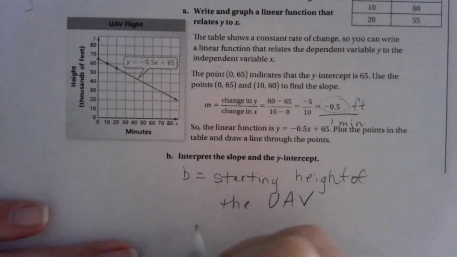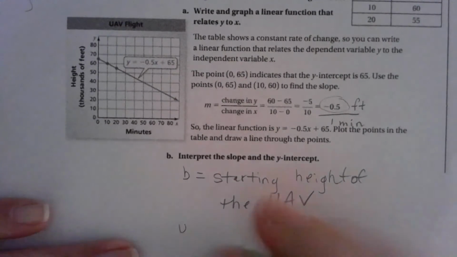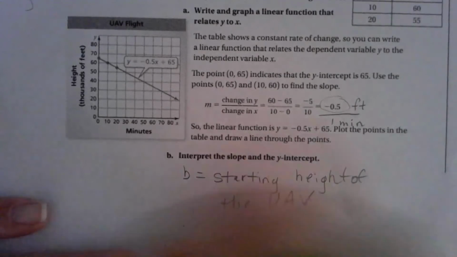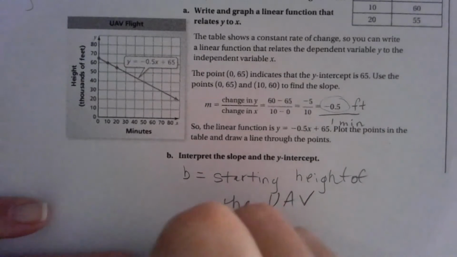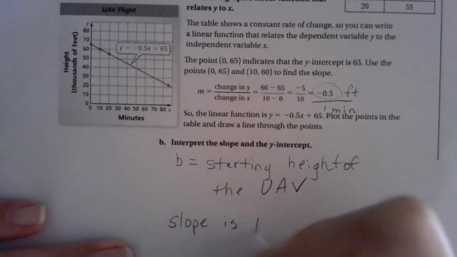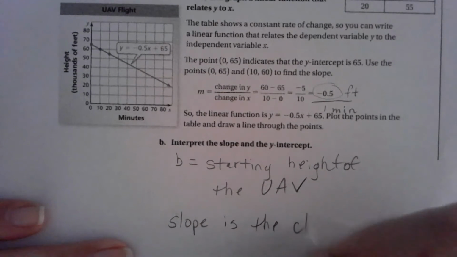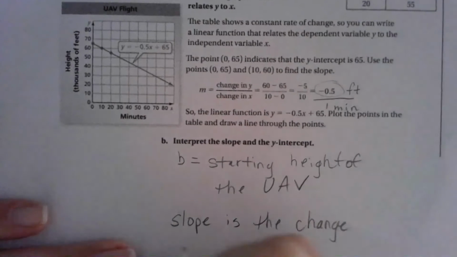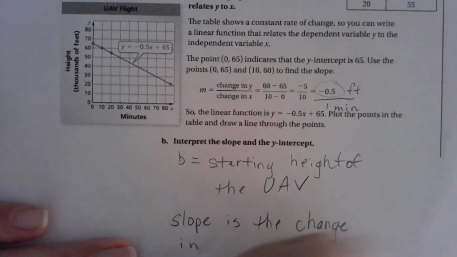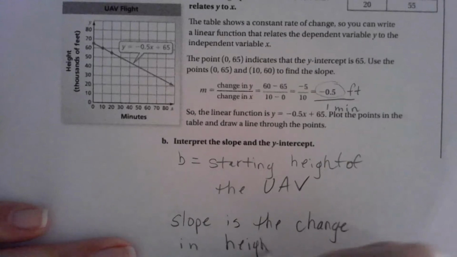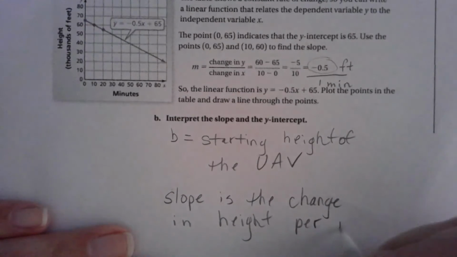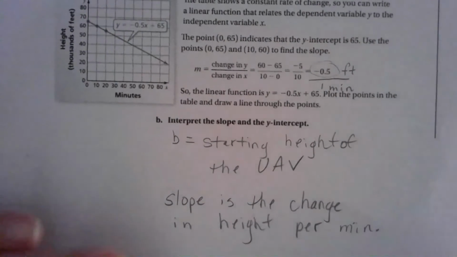And then the intercept, no, I'm sorry, that is the intercept. The slope is the change in height per minute.